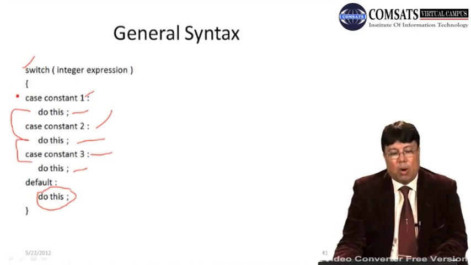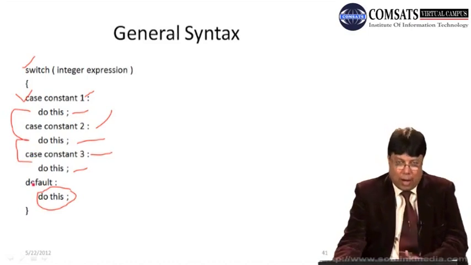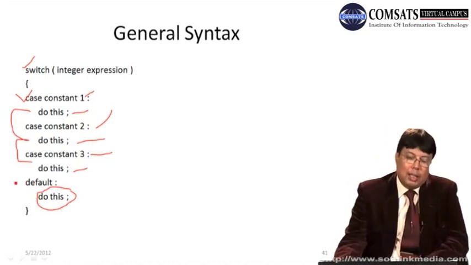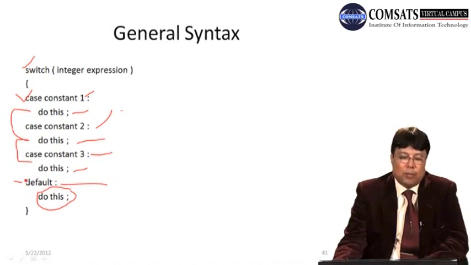So this statement has a switch, and it has cases, 1, 2, 3, 4, 5, as many cases as you want, and then it has one special case which is called the default case. If your condition does not match any of the cases, then once the control comes to default, it will execute that, because it is not testing anything.